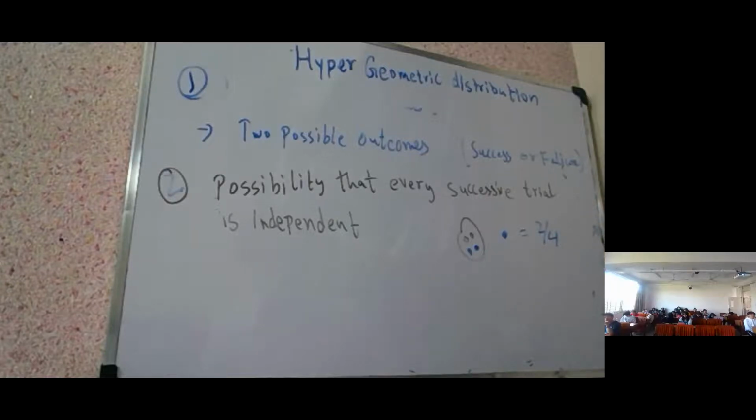Now I do a successive trial, another experiment next to the first. I put this ball back into the bag, and then I pick another ball, and that ball is a black ball. The probability of that black ball is 2 by 4 again, or even if it's a blue ball, the probability of a blue ball is 2 by 4.